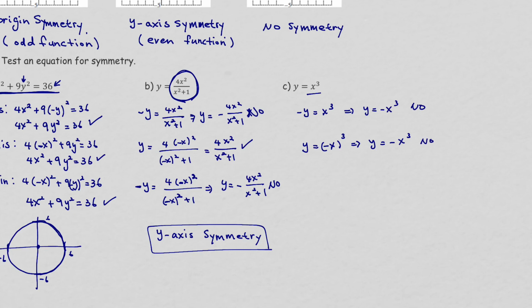That will be no. What about origin symmetry? Letting y and x be negative. You get negative y equals negative x cubed. When you multiply both sides by negative, y equals x cubed, which works, right? This is the same as what we started. So that was origin symmetry. So the last one is going to be origin symmetry.